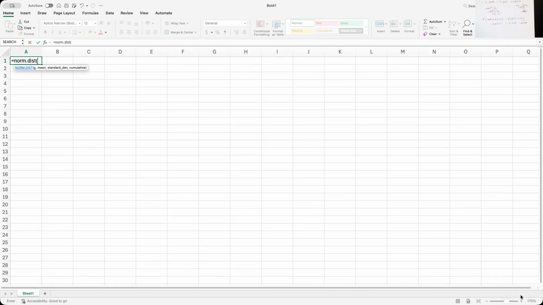So if I want to give it 2.15 with a mean of 0 and a standard deviation of 1, and I'm using the cumulative, 1. Oh, wait, they just said true. True for the cumulative. There's that 0.9842.